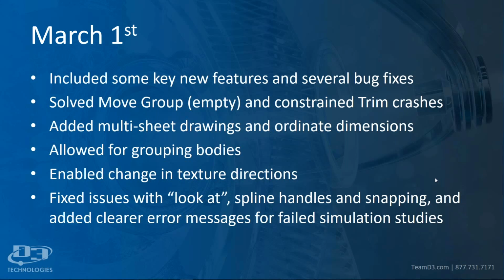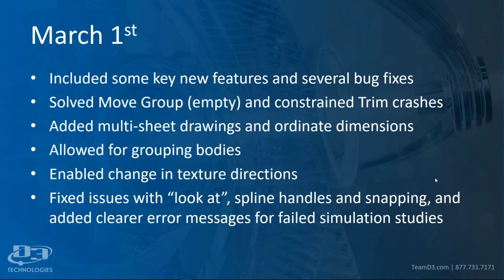Big move here in March, they added that multi-sheet drawing capability. Previously, you could only have one sheet at a time. They allowed multiple sheets. They allowed you to hide and change visibility and suppress or unsuppress objects within those drawings on each sheet, which is great because you may not exactly want your entire assembly per sheet.